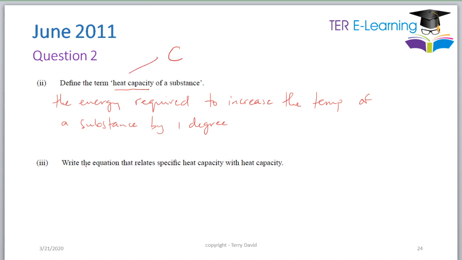Right? The next part, write the equation which relates specific heat capacity to heat capacity. Can you all give me what the formula is that relates heat capacity and specific heat capacity?